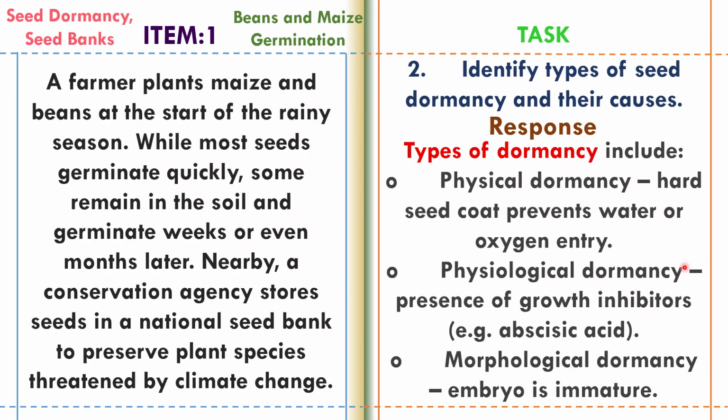Physiological dormancy. This is due to the presence of growth inhibitors such as abscisic acid. Morphological dormancy is a result of the embryo being immature.